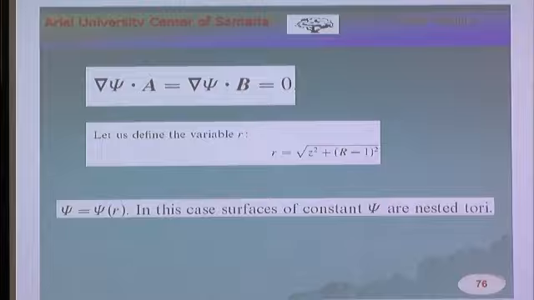This small r is really the radius of a torus, centered about a circle with R equal 1 and z equals 0. I assume that psi is a function of r, so you have surfaces of constant psi which are nested tori.